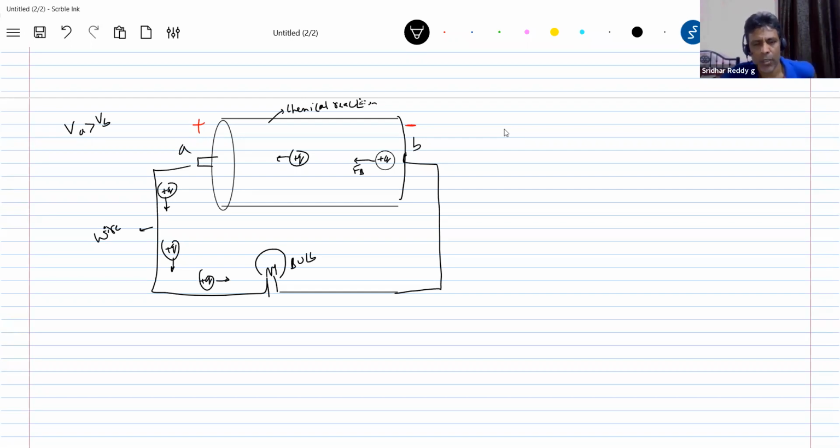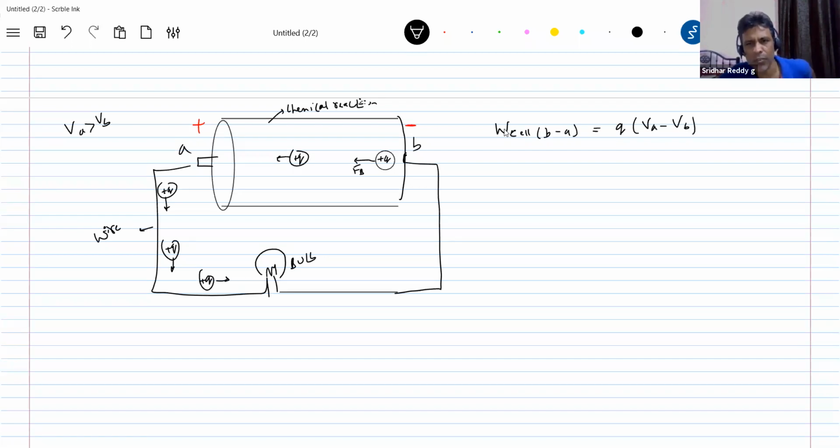Some sort of electromotive force: what is the work done by this particular force? Work done by the cell, or battery force, in moving a charge from B to A, should be equal to charge into VA minus VB.